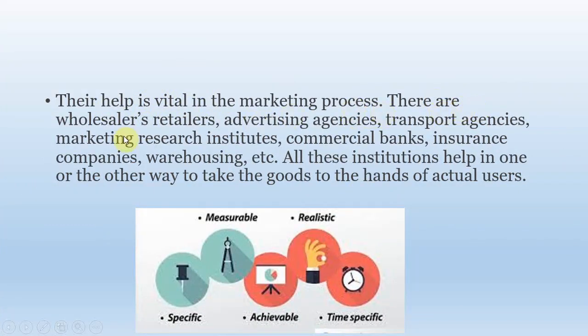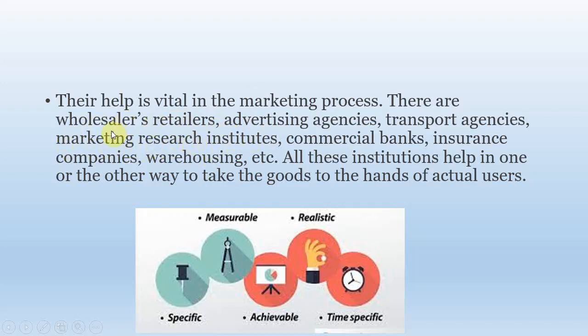They are wholesalers, retailers, advertisement agencies. Not only the product, these people are also important. In this approach we have wholesalers, retailers, advertisement agencies, transport agencies, market research information, what the product market is, what the people want, what the consumer wants, and how the product has been demanded.